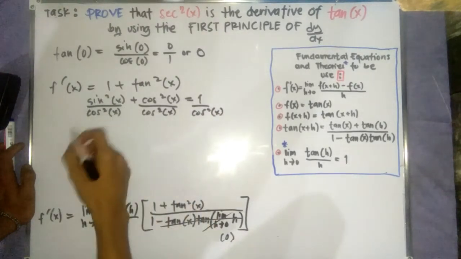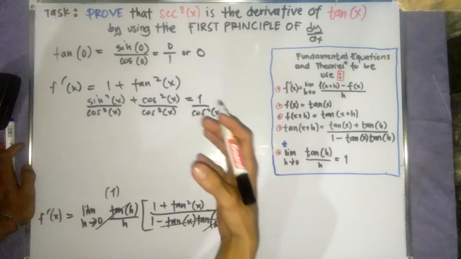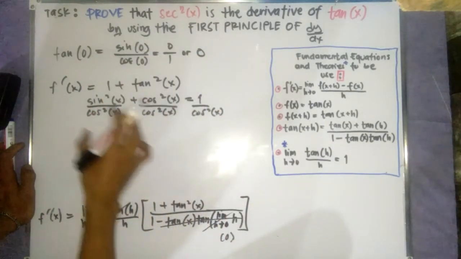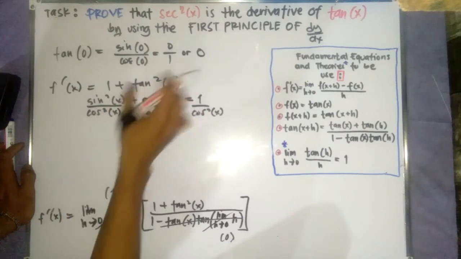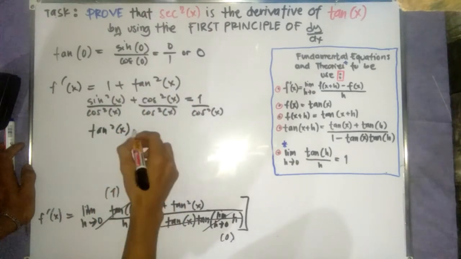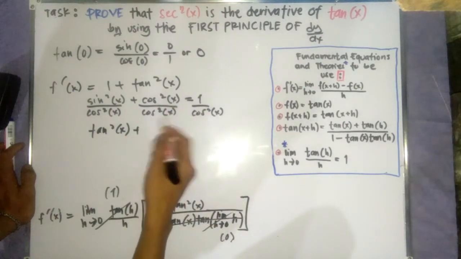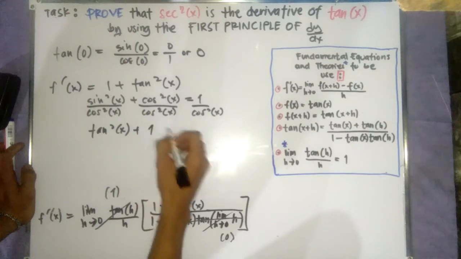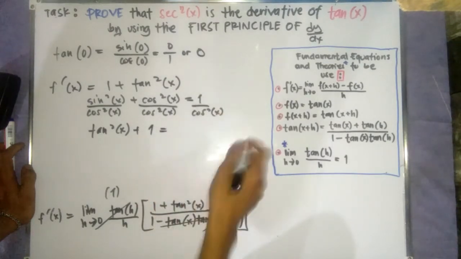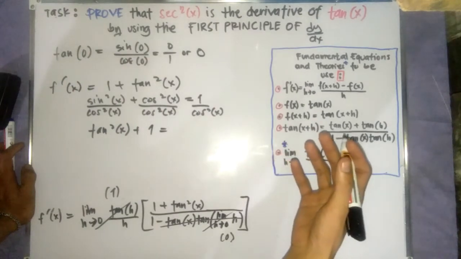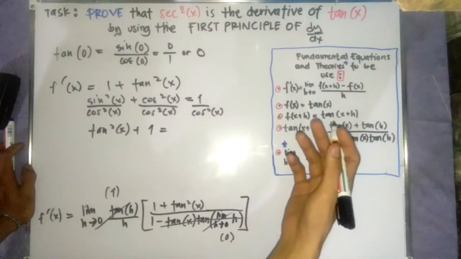Sine squared over cosine squared, ang identity niya is tangent squared x. So, ito yung quotient identity ni tangent. So, tangent squared x, plus cosine squared x over cosine squared x is just 1. And then, 1 over cosine squared x is the same as secant squared x.